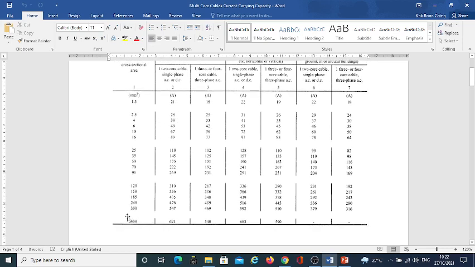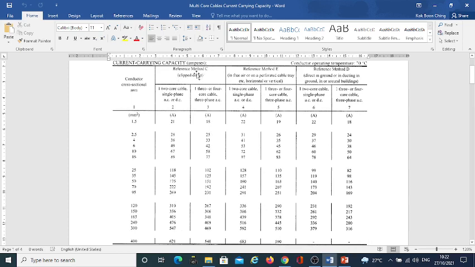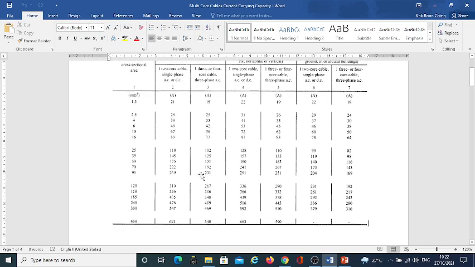For example, if you choose 240 mm square, and your method of installation is clip directly only, then for 3 core or 4 core the maximum current carrying capacity is 409 ampere only. That means the withstand current or ampacity of this cable is 409 only.